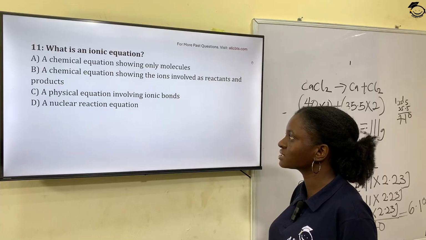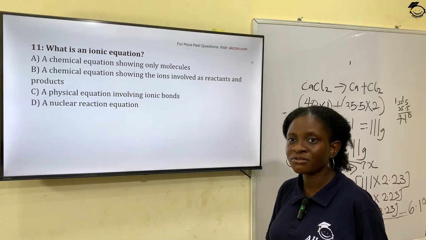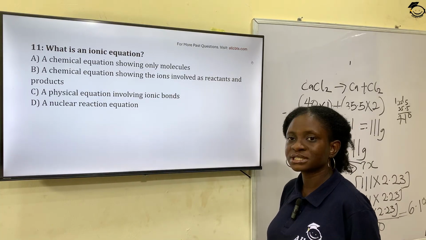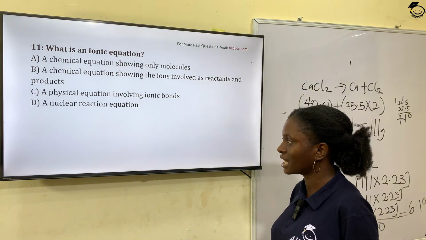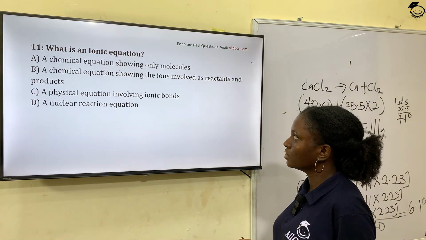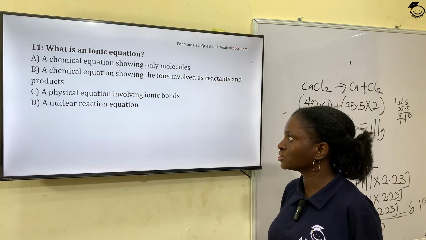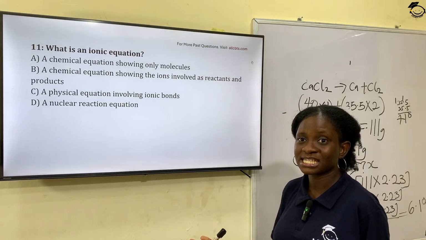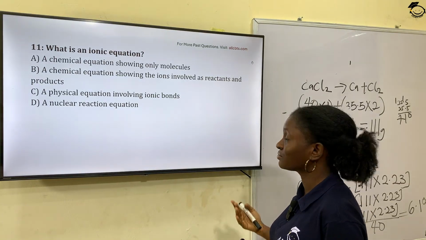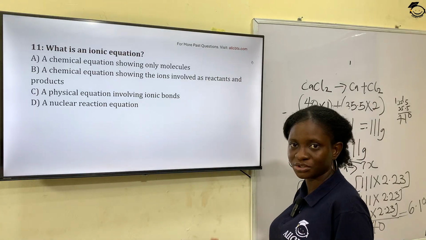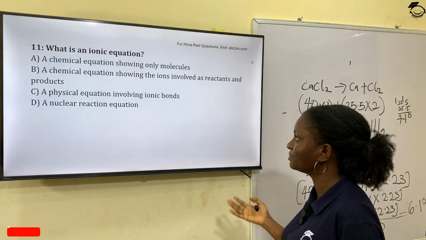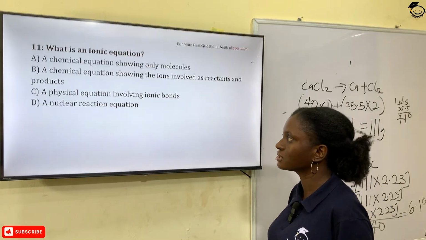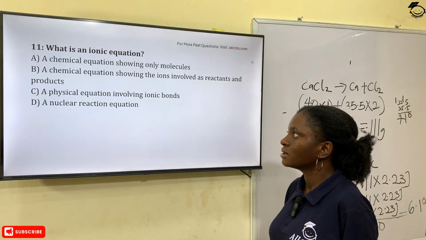Option C, a physical equation involving ionic bonds. Option D, a nuclear reaction equation. So the meaning of the ionic equation is ions that are involved as reactants and products. They are involved in the reaction. So option B is the correct answer.